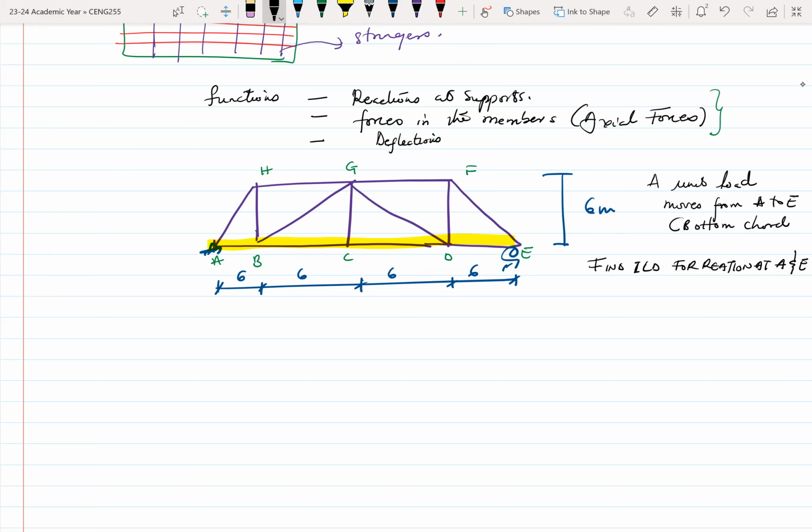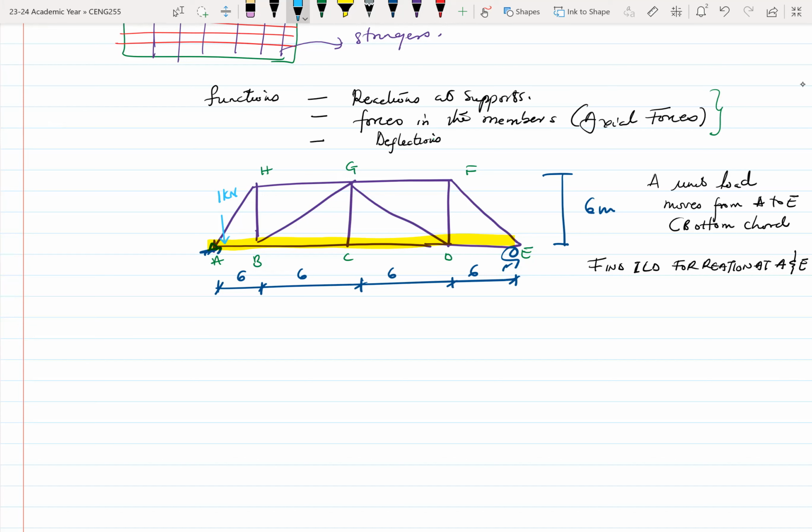So what this means is that, just like with the beams, you can look at the position of the load. At one point in time, you have your load positioned at A. So if your load is positioned at A, what will be the reactions?